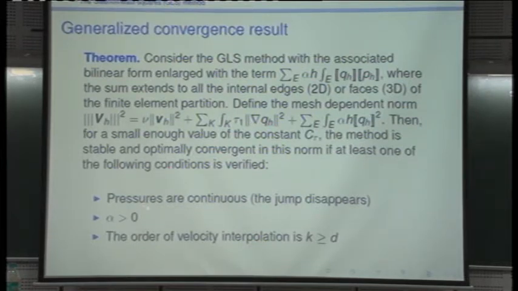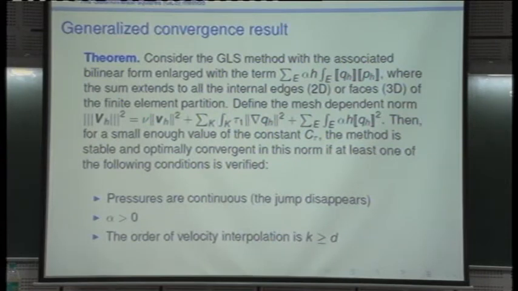Which are these conditions? First, pressures are continuous. If pressures are continuous, of course, this term does not appear, and we are back to the result that we already know. If we activate this term, alpha is positive, then the method is stable and optimally convergent.